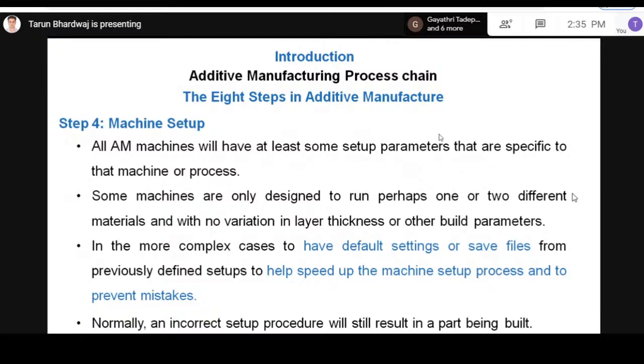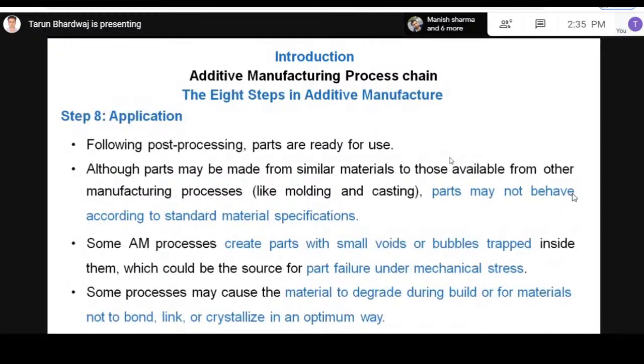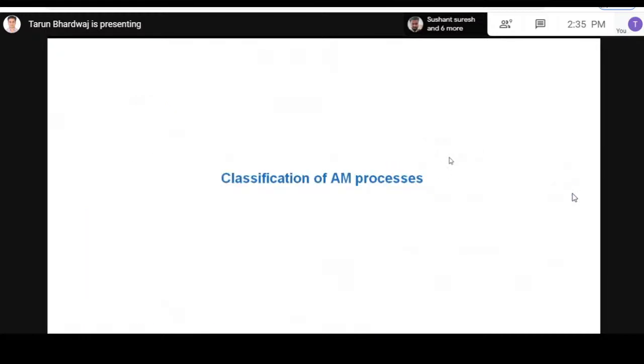After that come the 8 steps, which are basically the application: how post processing is done, and how we use that product, how we use the 3D printing project.